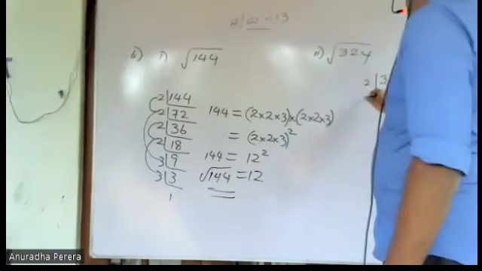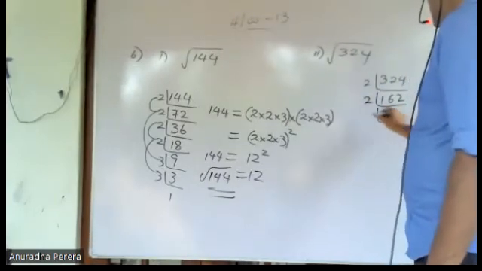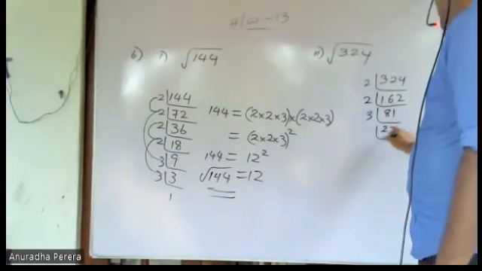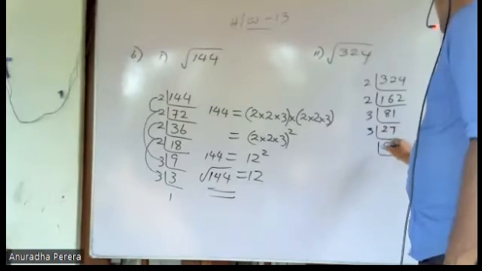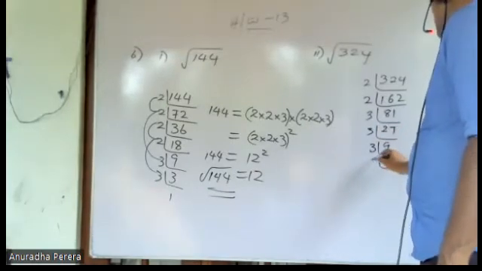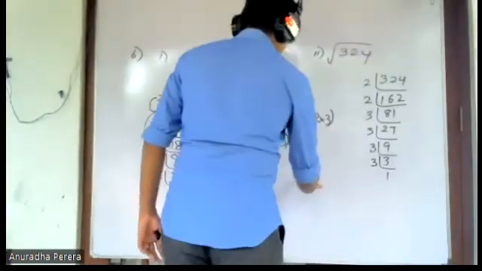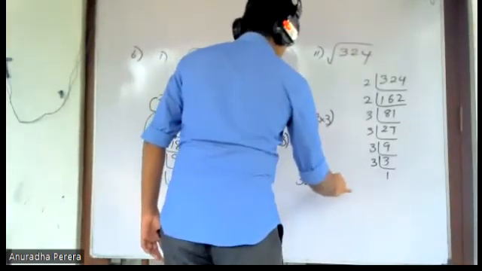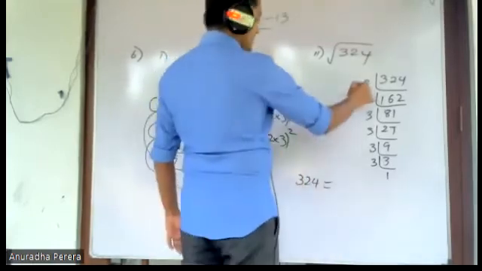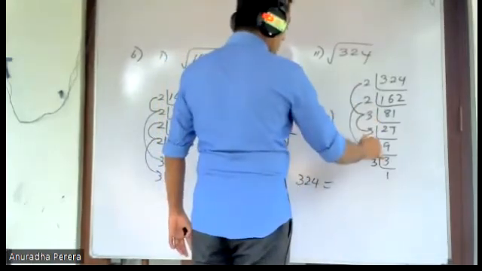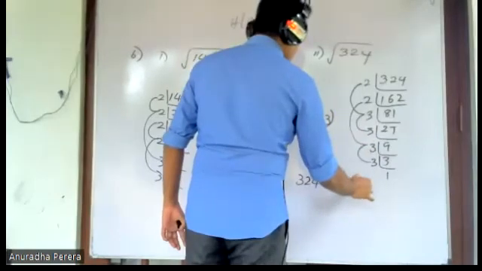The second one, divide 324 by 2, 162, again by 2, 81, and by 3, 27, 9, 3, 1, right? 324 equals, separate like this, 2 times 2 times 3 times 3 times 3 times 3.